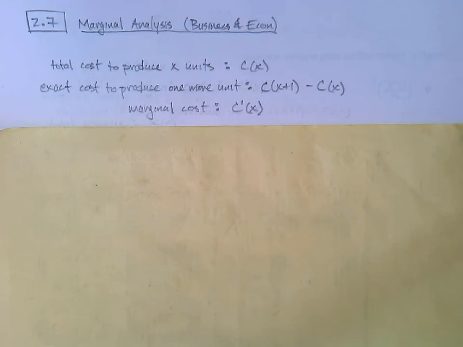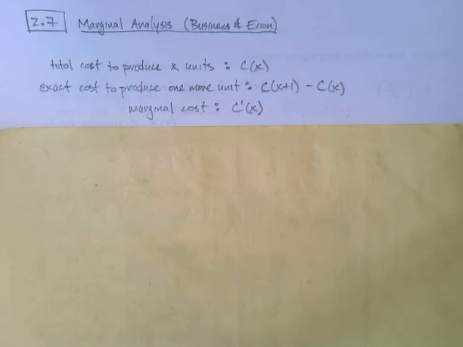The total cost to produce your X units, whatever you're making, maybe DVD players or staplers or who knows what. Then we've got the exact cost to produce one more unit.